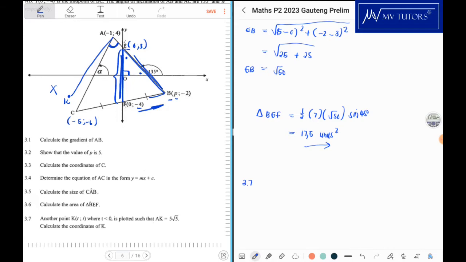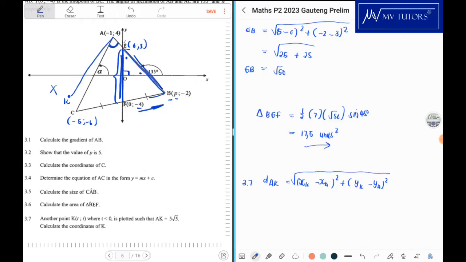So they've given us the distance, right? So using our distance formula to get AK, I would have the x-coordinate of K minus the x-coordinate of A, and I would square that. Then I'll get the y-coordinate of K minus the y-coordinate of A. Square that, and everything will be under a square root.